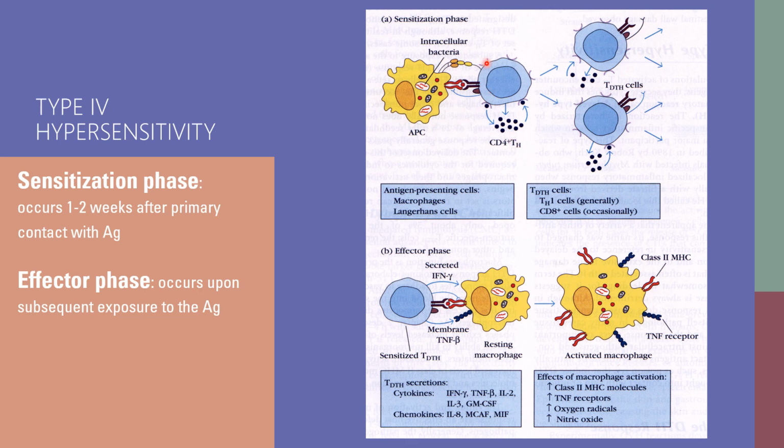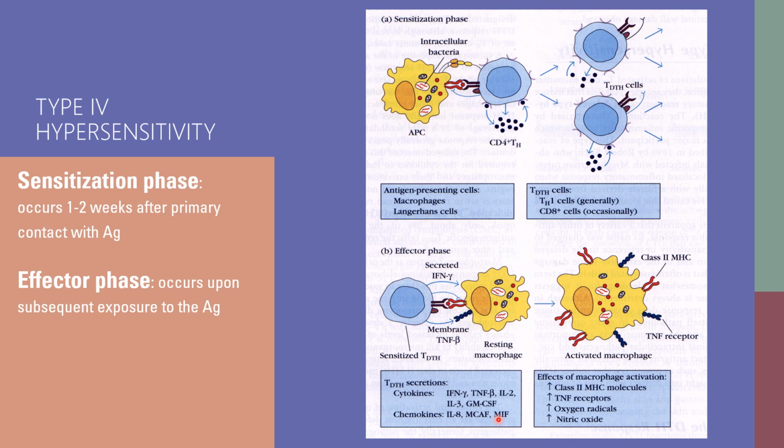Now in the effector phase, which is the second phase of the type 4 hypersensitivity, the TDTH cells will secrete a variety of cytokines and chemokines. For example, interferon gamma, tumor necrosis factor beta, IL-2, IL-3, GM-CSF, and chemokines such as interleukin-8, MCAF, and MIF.